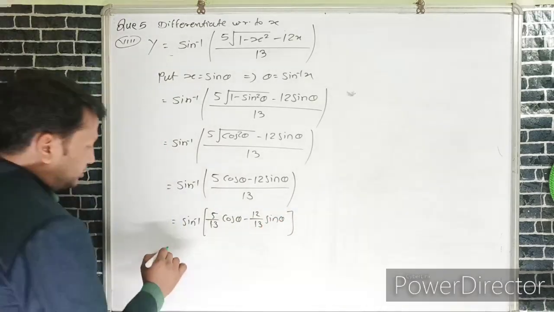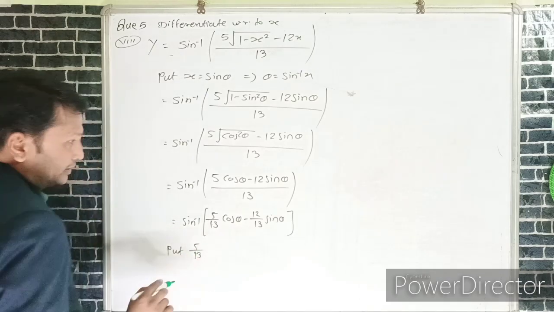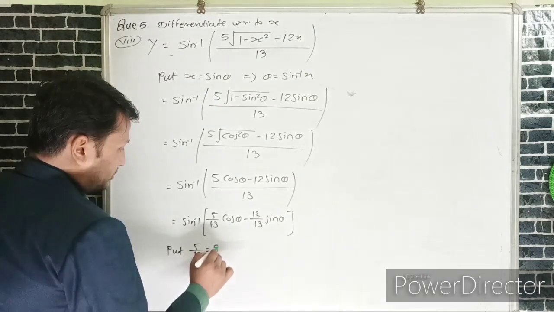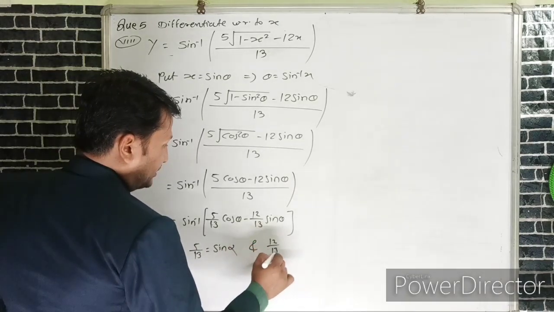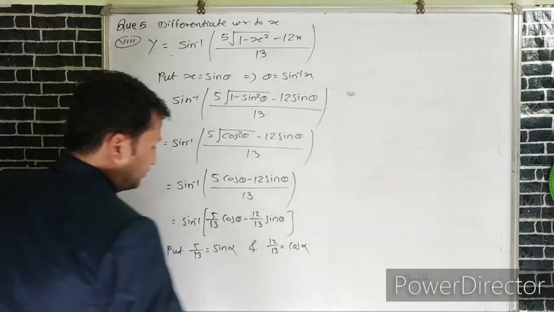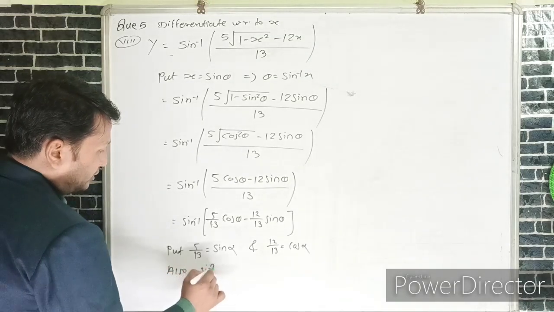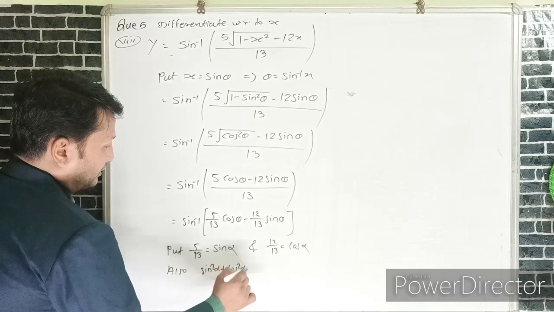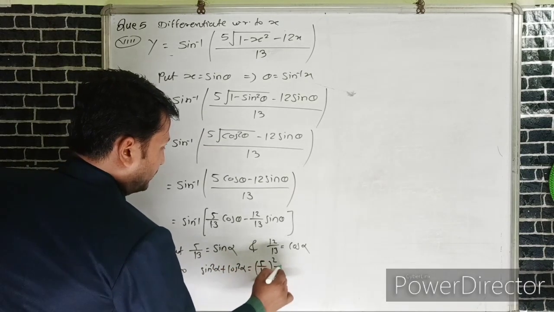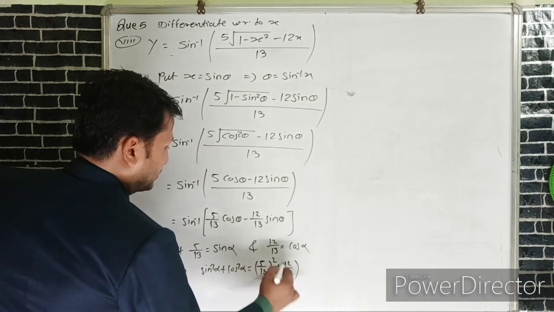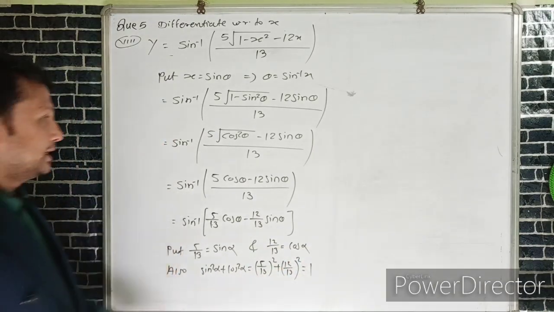If we put 5 by 13 equals sin alpha and 12 by 13 equals cos alpha, also sin square alpha plus cos square alpha, which is 5 by 13 square plus 12 by 13 square, the value of both is 1.